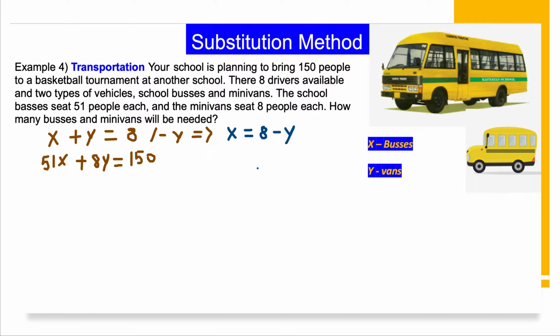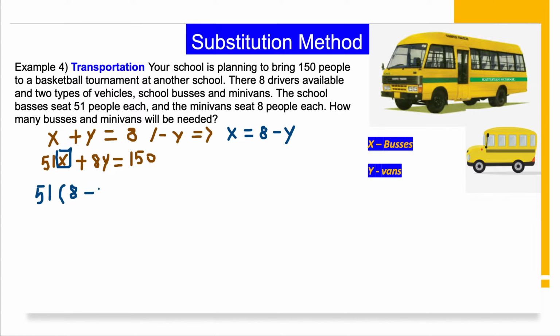And now, instead of this x here, I'm going to substitute 8 minus y. So we have 51 times, instead of the x, I'm going to substitute 8 minus y.